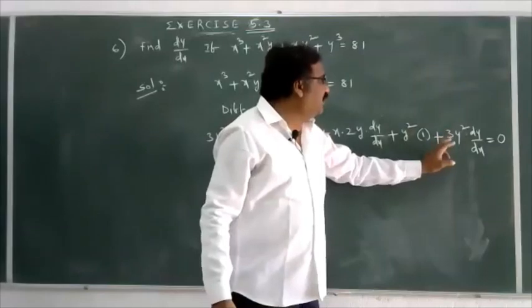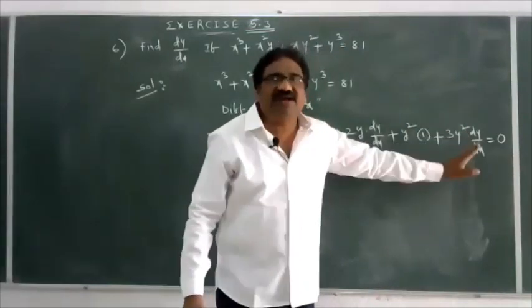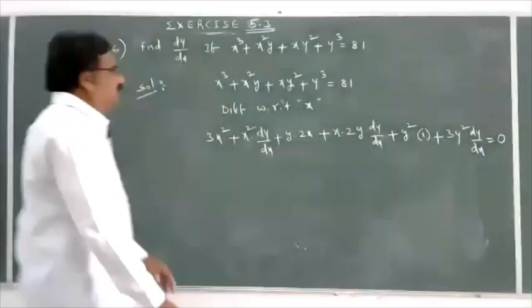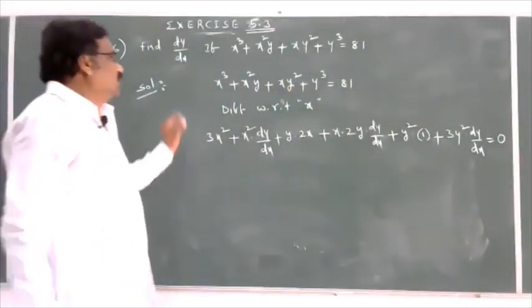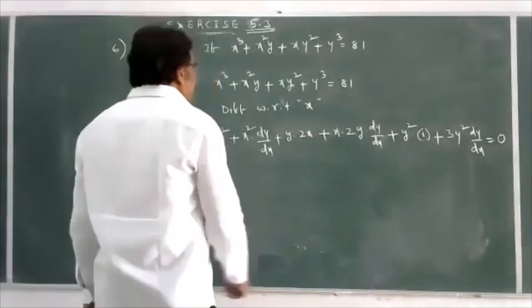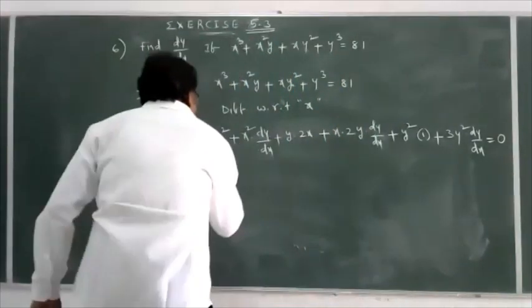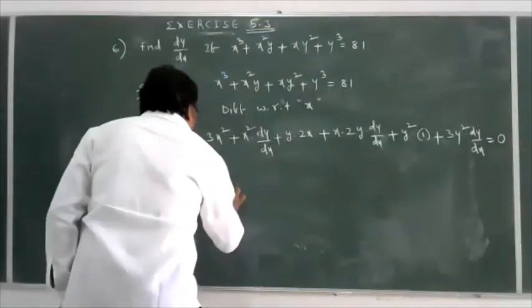Like that, y cube derivative is 3y square into y derivative dy by dx, equal to the constant's derivative, 0. Here observe, take dy by dx common and the remaining terms go to the RH side. That is, dy by dx is common.